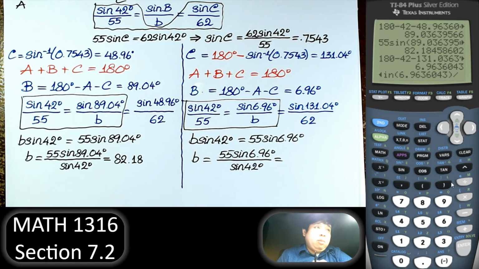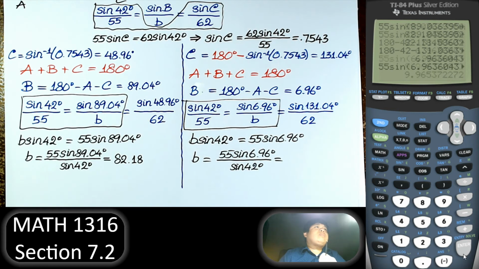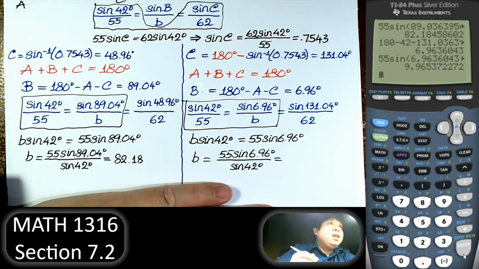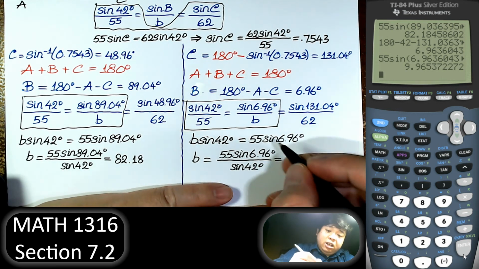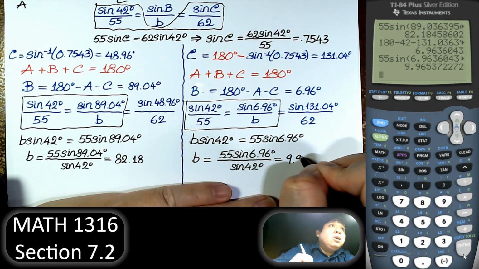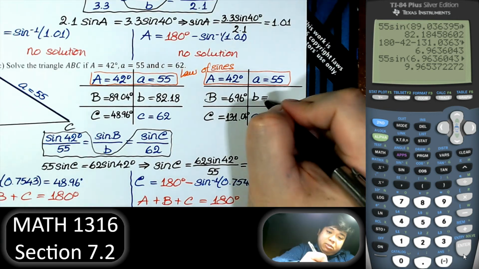Divide by sine of 42 degrees. Right? 9.965, so let's say 9.96. And that is side B.